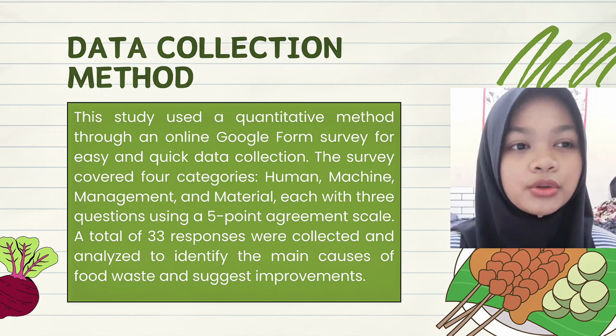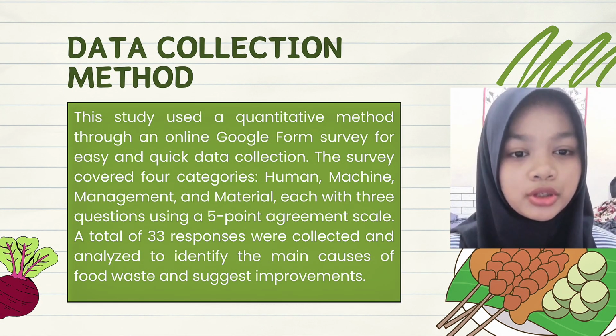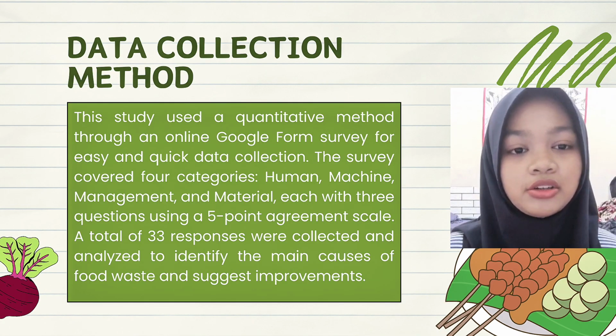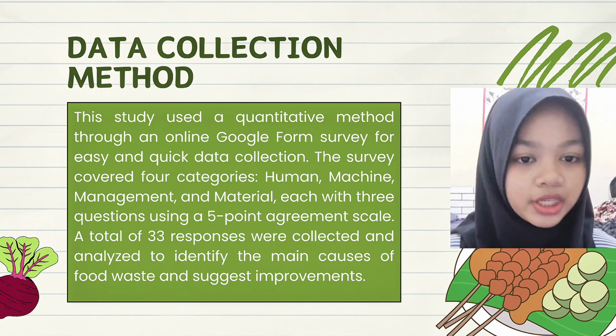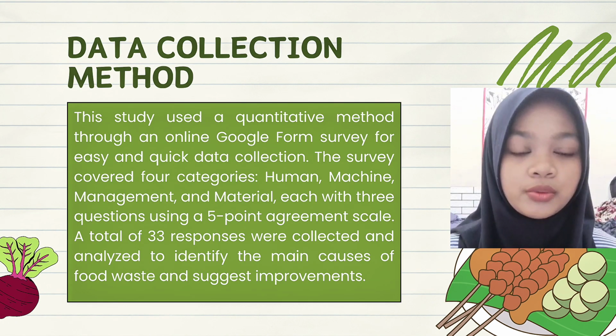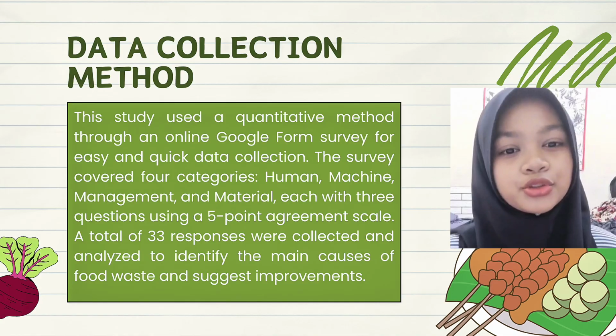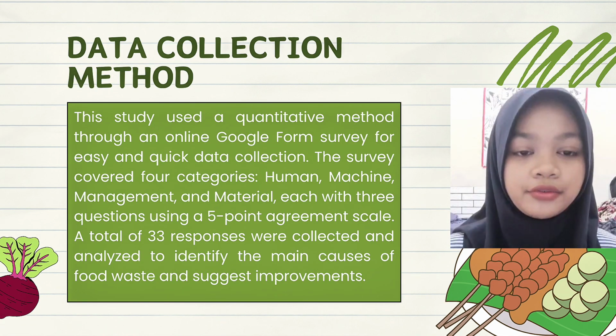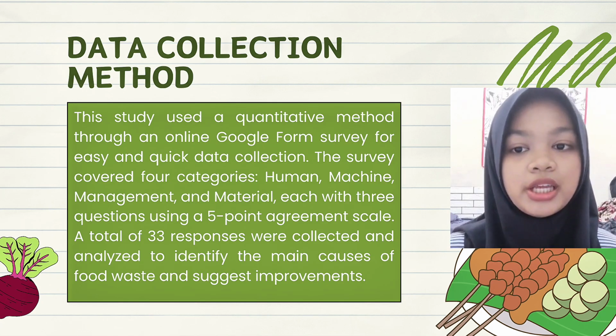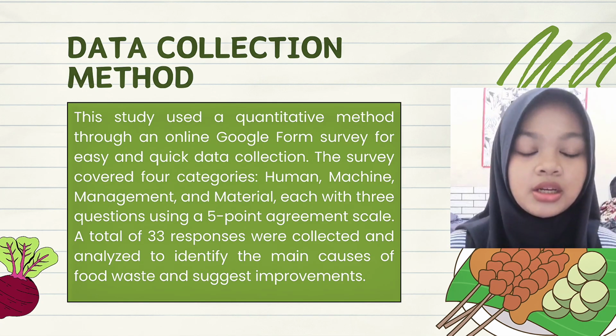So for us to know the actual main root cause for the food waste, we use the data collection method, which is the quantitative method, using the Google Form survey that we sent to our WhatsApp group, to students and staff. The survey covered 4 categories: human, machine, material and also management.